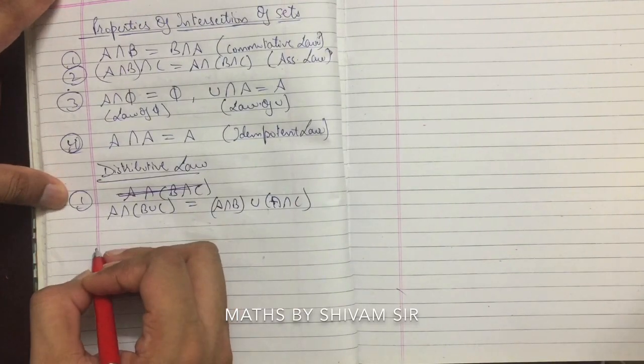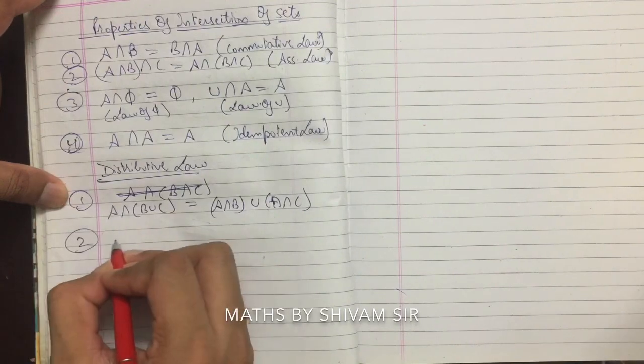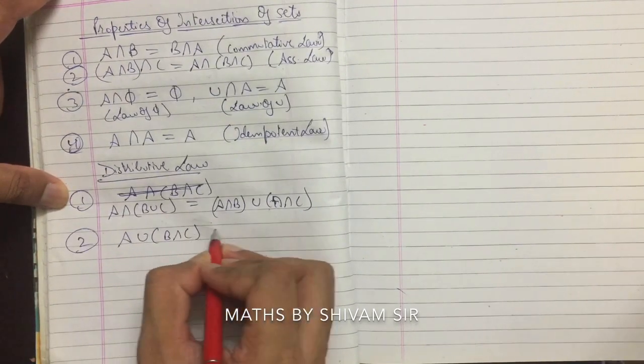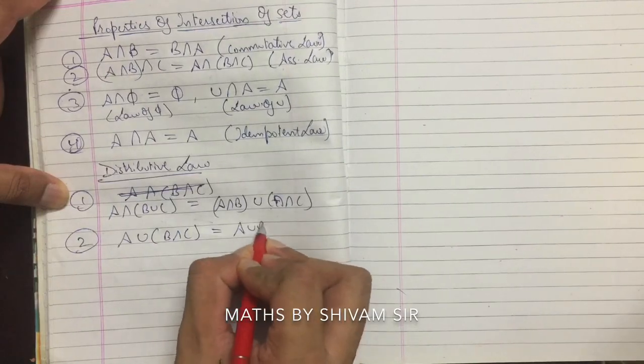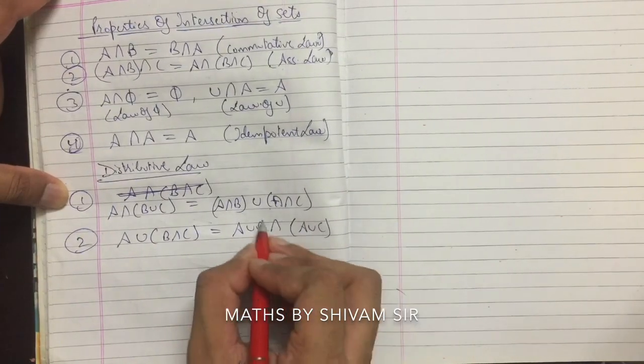Second, A union (B intersection C) will be (A union B) intersection (A union C), in this way.